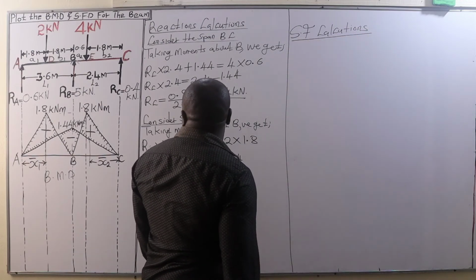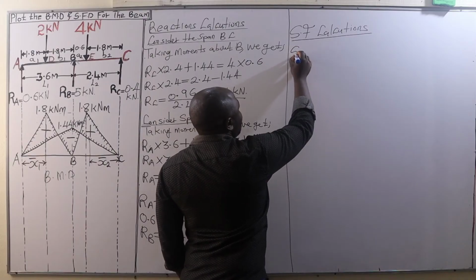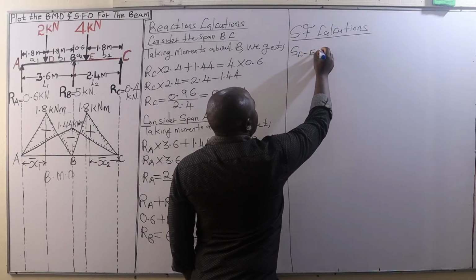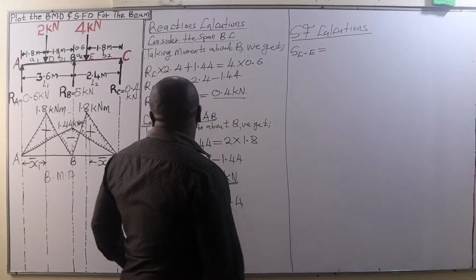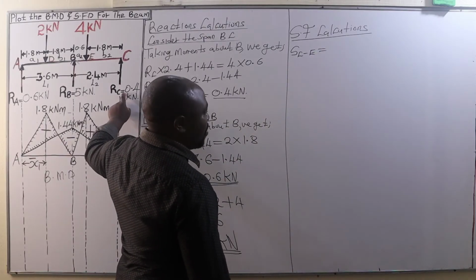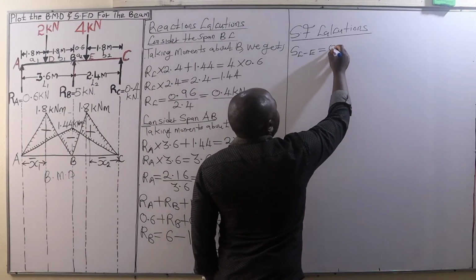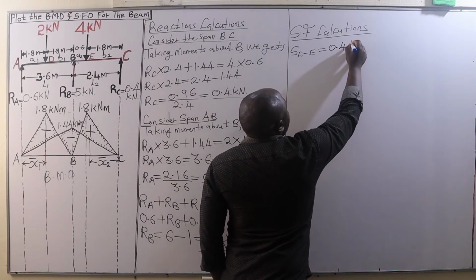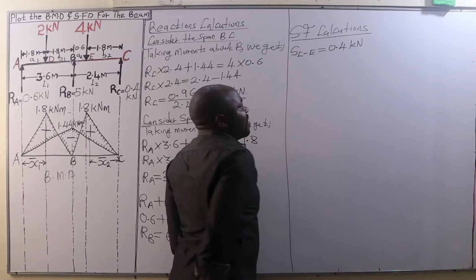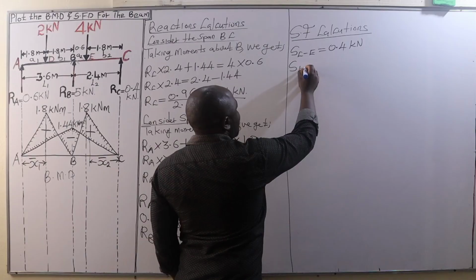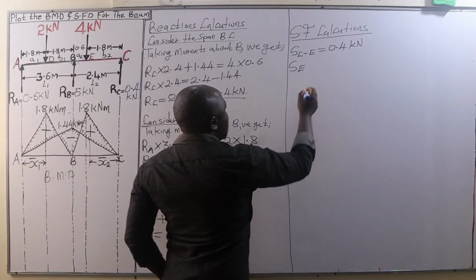Now, in this case, the shear force between C and E is going to be 0.4 kilonewtons. That is the shear force between C and E. From there, you go to the shear force between E and B.